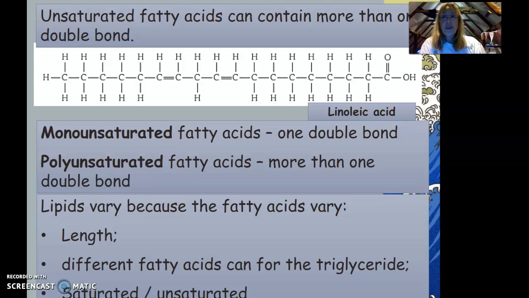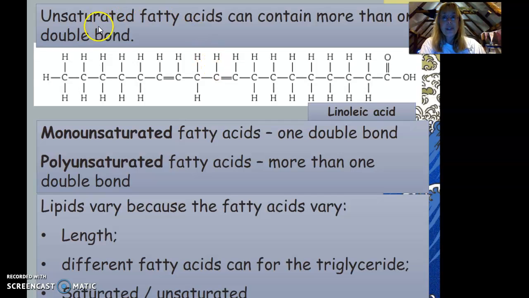Now, what we need to remember is that when we look at these fatty acids, sometimes, like in this example over here, and you don't need to know the name of the example, we've got some double bonds. Now, you remember from studying alkanes and alkenes last year that the moment you have a double bond, you call it unsaturated.